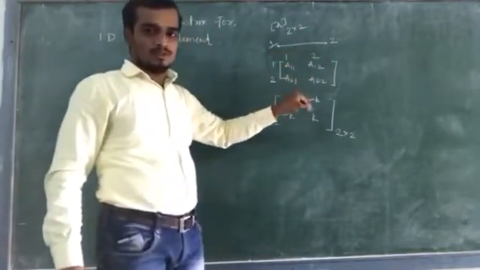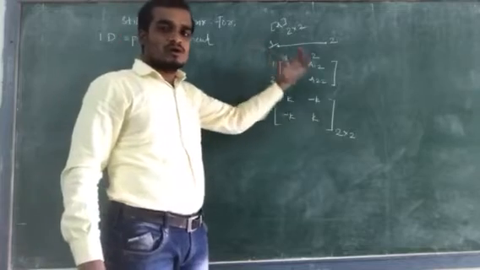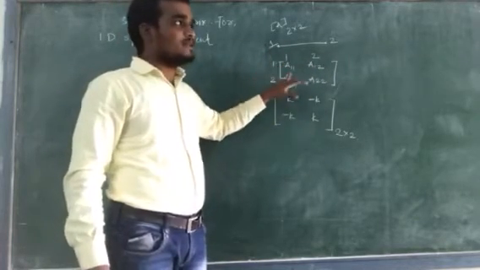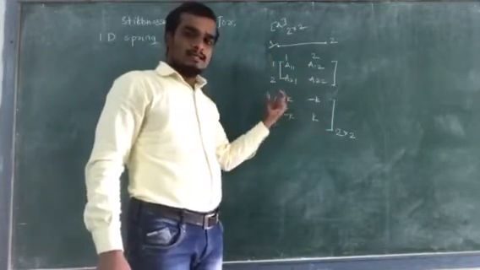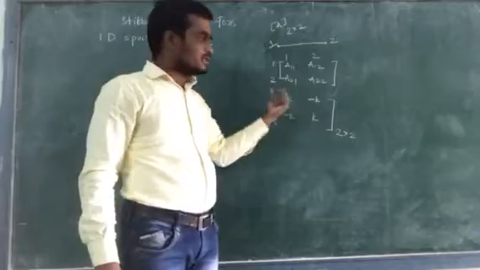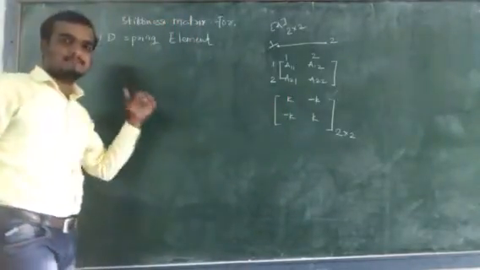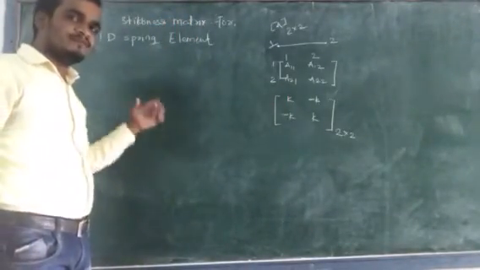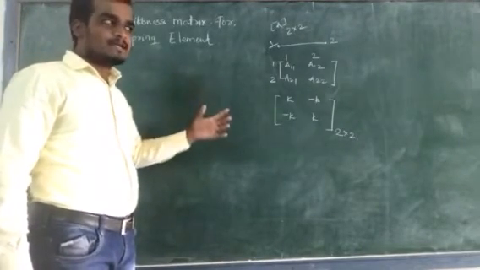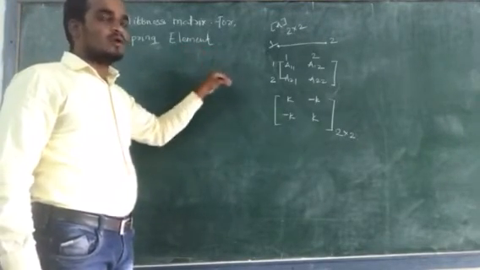So the number of nodes equals the order of your stiffness matrix. If there are 2 nodes, there must be a 2 by 2 matrix. If there are 3 nodes, a 3 by 3 matrix. If there are 4 nodes, a 4 by 4 matrix.